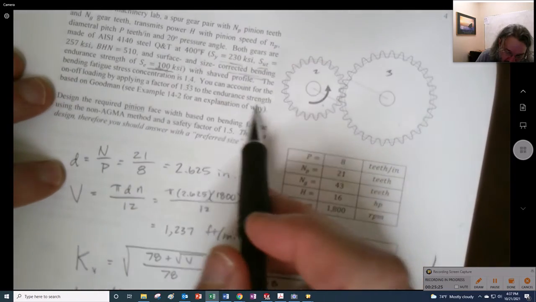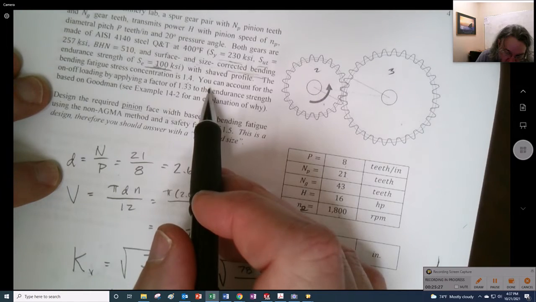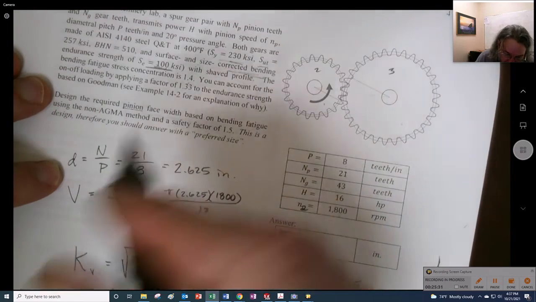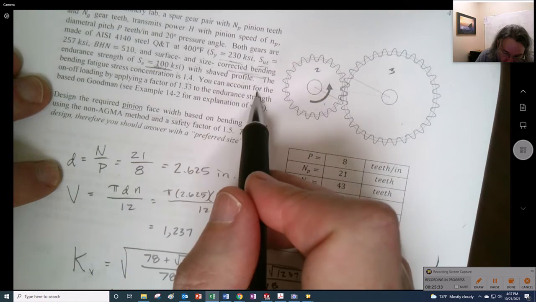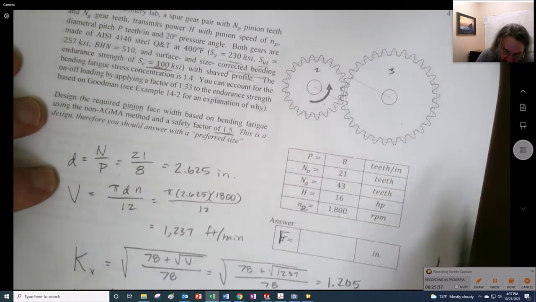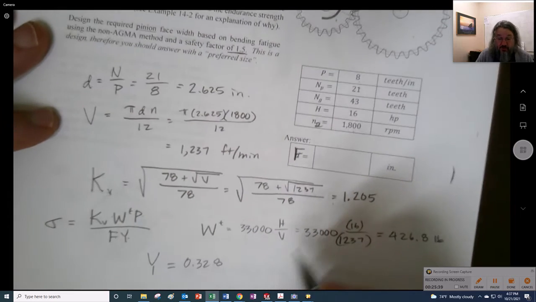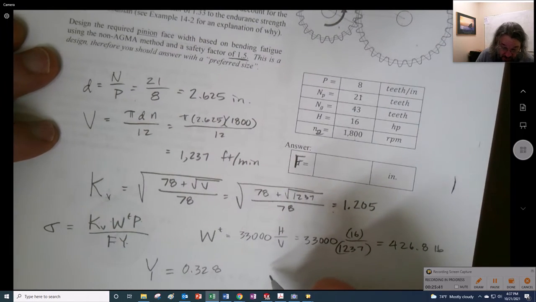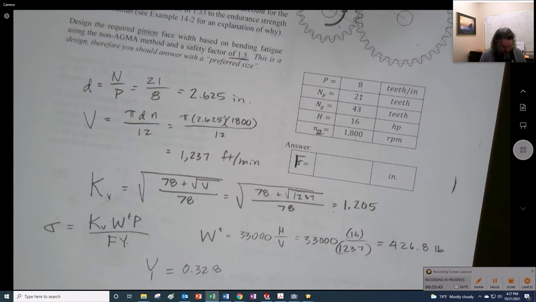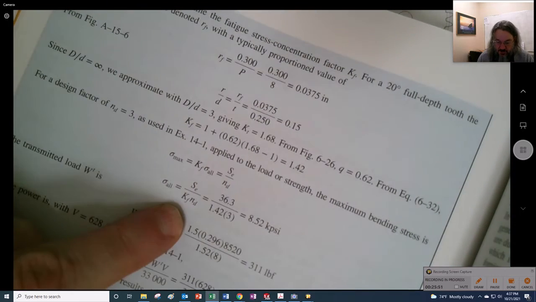We're given, do we give a safety factor? I don't see a safety factor anywhere. You can account for, all right, so design safety factor, right there. So what we need to do is adjust the endurance strength, just like we did here's what we did right there, right?